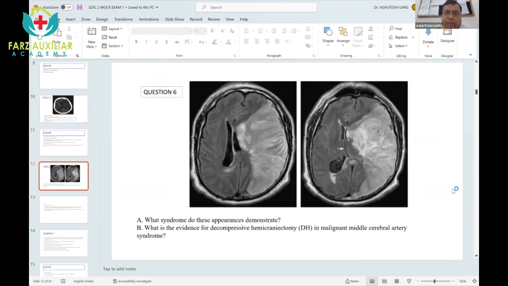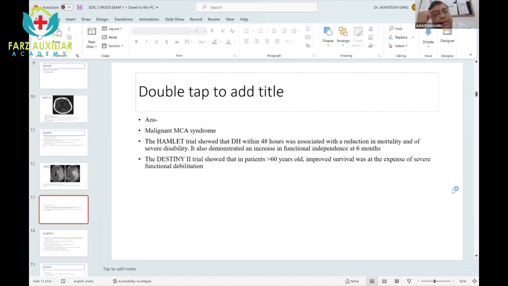Okay. So this is a malignant MCA syndrome. The HAMLET trial showed that decompressive hemicraniectomy within 48 hours is associated with a reduction in mortality, but severe disability. It also demonstrated an increase in functional independence at 6 months. The DESTINY 2 trial showed that in patients more than 60 years old, improved survival was at the expense of severe functional debilitation.